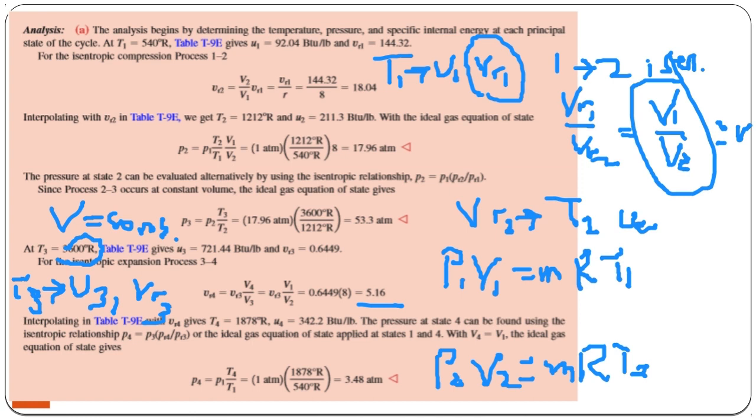From VR4, you can go to the table and find U4 and T4. So up to now, you have all the internal energies, so you can calculate the work of the compression, work of the expansion, the heat addition, the heat removal, as well as the efficiency of the system.